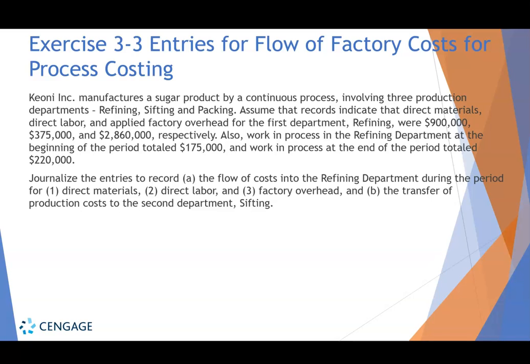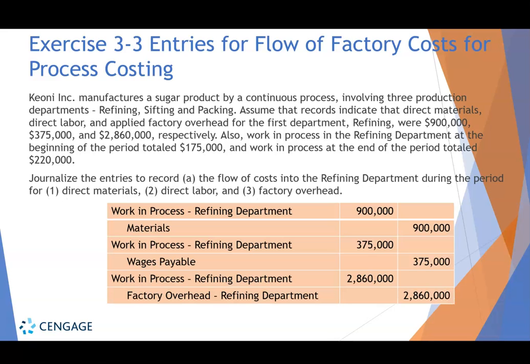Also, work in process in the refining department at the beginning of the period totaled $175,000, and work in process at the end of the period totaled $220,000. We're going to journalize these entries to show the flow of cost into the refining department during the period for the 3 items, and then also show the transfer of production costs to the second department.